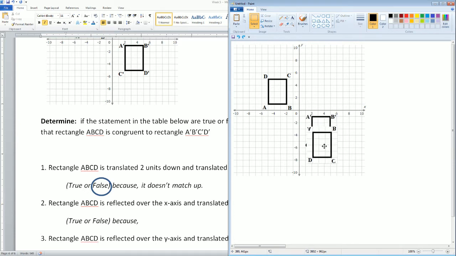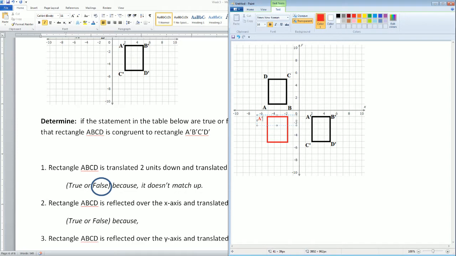Does that work? A is on the left top corner. B is on the top right corner. D. Hold on. That doesn't work so well. You can't really picture it. So once you reflect it, it should look like this.